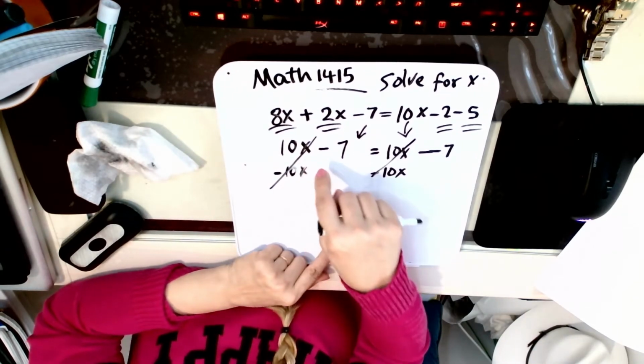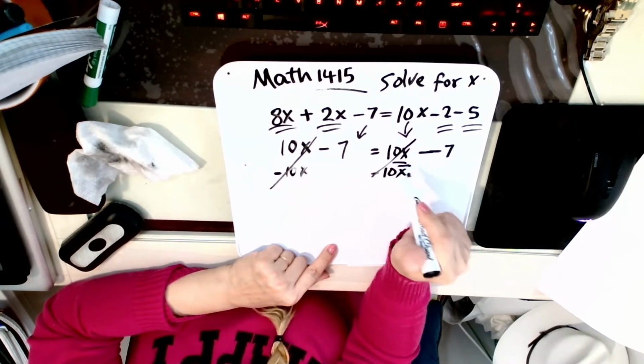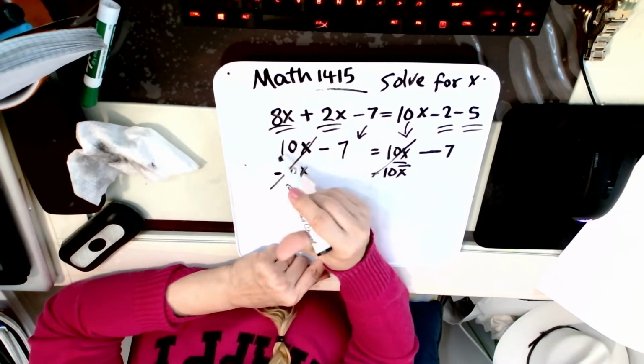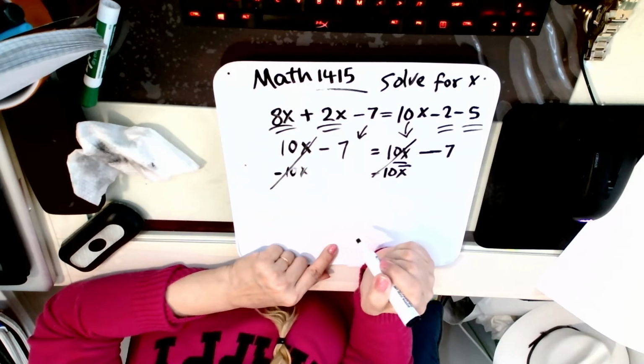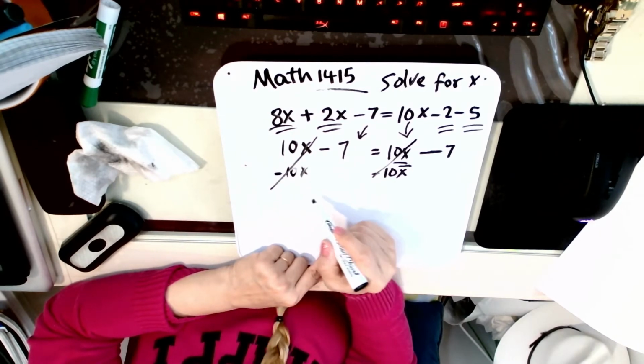I think to find x, we have to move this x to this side. So it's gonna be 10x minus 10x, which is 0, right?